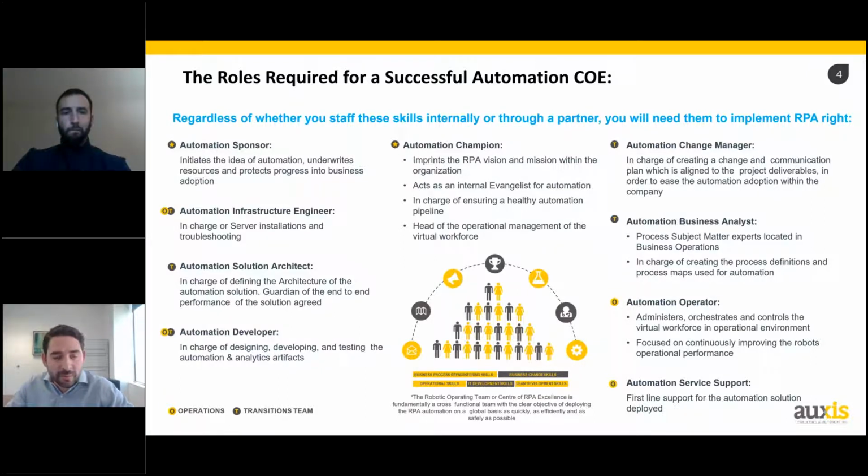But in one shape or form, you're going to need some key roles that will have to be played, and not necessarily can be done by the same person, because they're very different professional profiles of the activities that need to be done in order to be successful, from project management to program sponsorship and being the automation champion through the organization, which in most cases is an internal role, and then having gone down to more technical positions like the solutions architect or the business analysis role or developers.